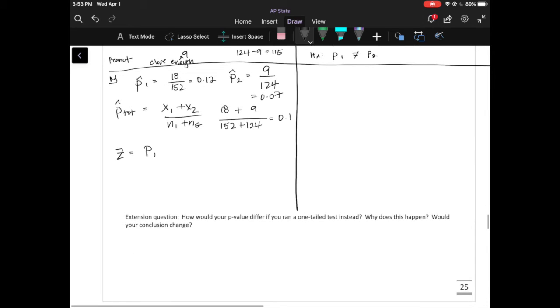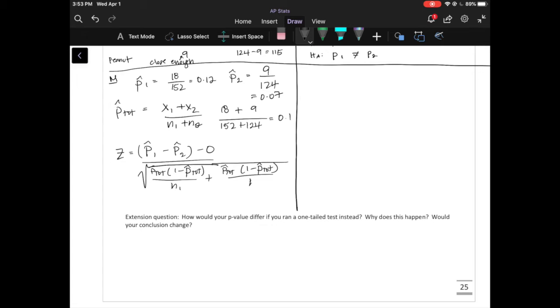Next, z equals P hat 1 minus P hat 2 minus 0 over the square root of P hat total times 1 minus P hat total over n1 plus P hat total times 1 minus P hat total over n2. I'm going to plug all these numbers in.